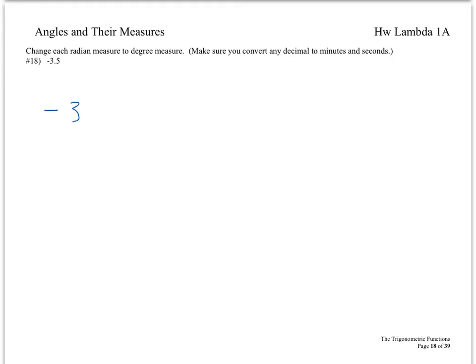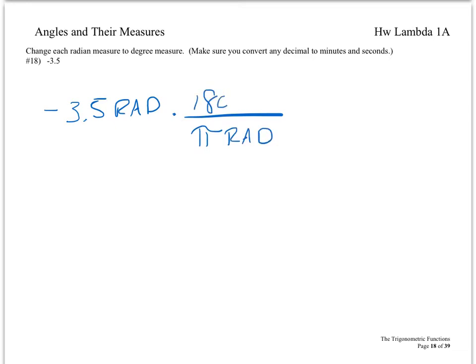Number 18, I have negative 3.5 radians. I'm supposed to convert it to degrees. I want the radians to cancel, so I'm going to put pi radians on the bottom. What's equivalent to that in degrees is 180. There's no pi on my negative 3.5 to cancel, so I still have a pi.